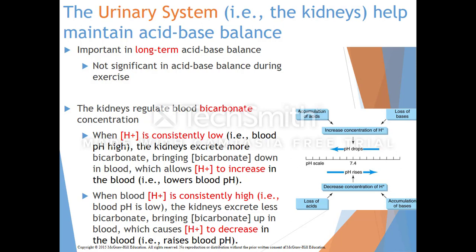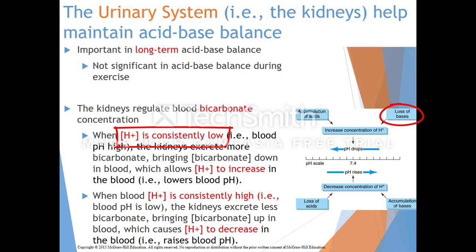The role that this system plays in maintaining acid-base balance is through its ability to regulate bicarbonate levels in the body. So the way this works is that if your hydrogen ion concentrations in your body or your blood are consistently low, your kidneys are going to excrete more bicarbonate.